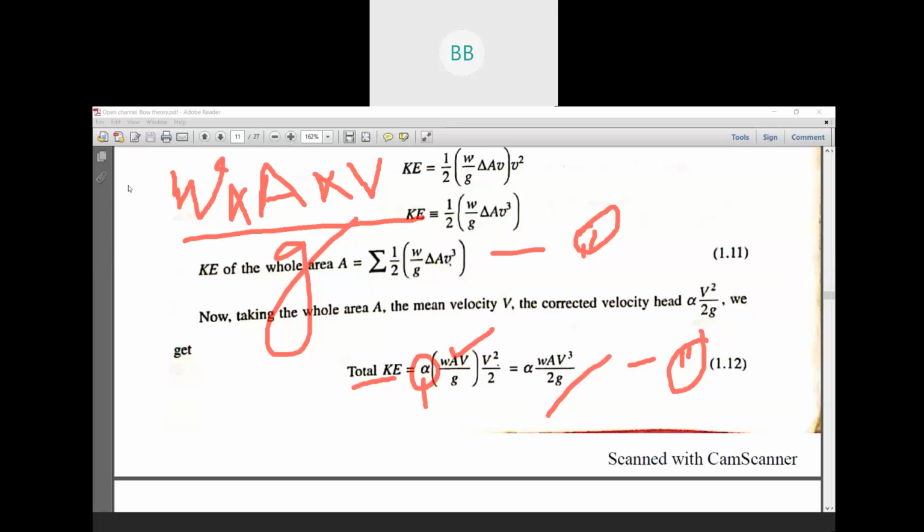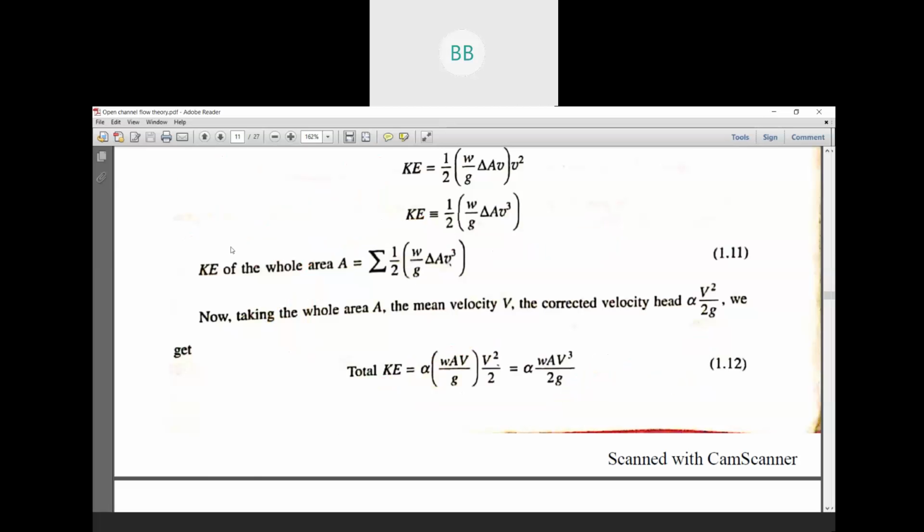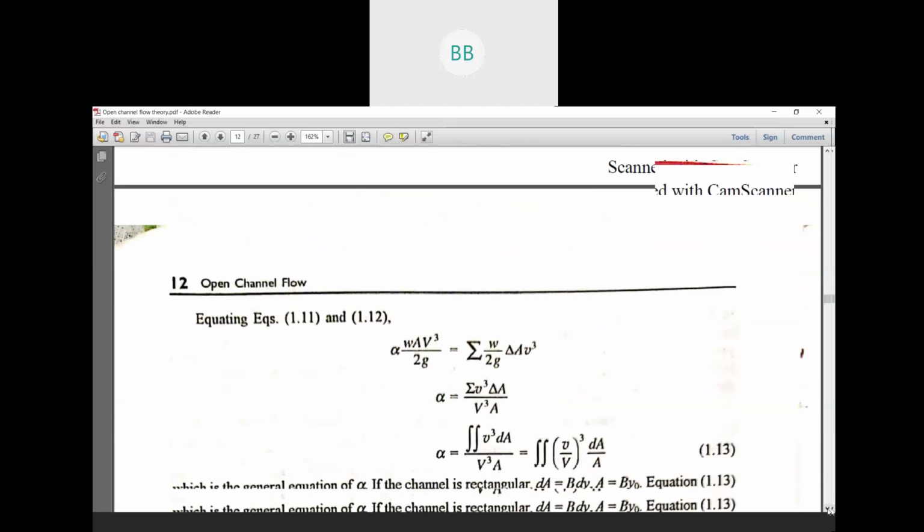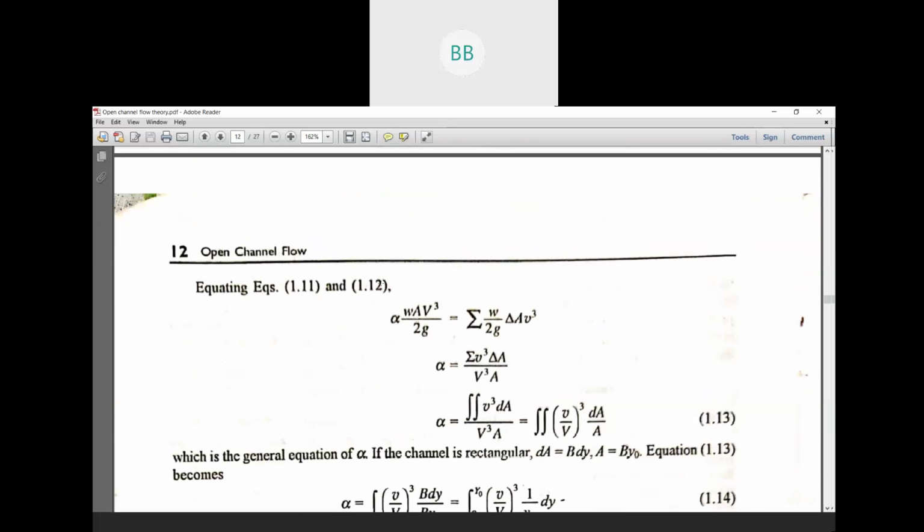Okay. So next we are equating both equations 1 and 2. Here this is the kinetic energy for the whole cross-sectional area. Here also it is the kinetic energy for the whole cross-sectional area, but it depends on the small elementary area that we have considered.